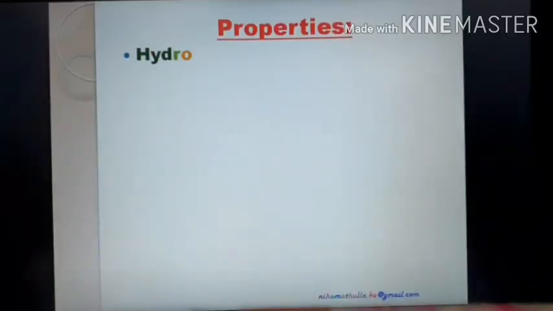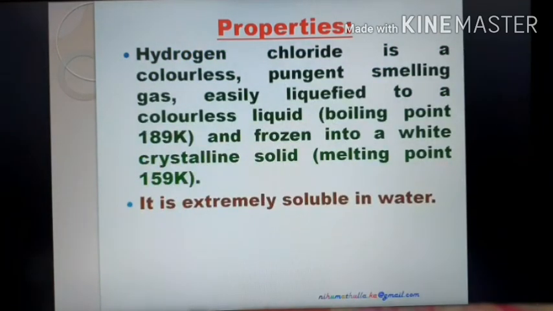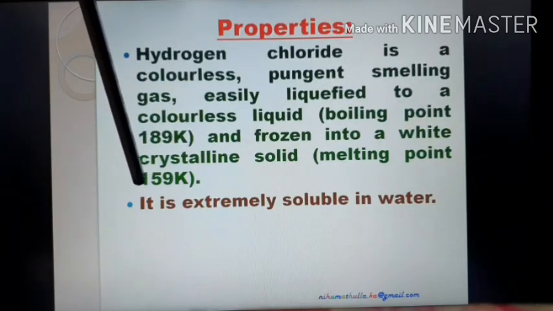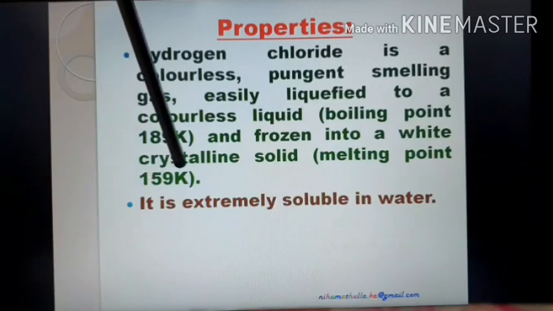Properties of hydrochloric acid. Hydrogen chloride is a colorless, pungent-smelling gas, easily liquefied to a colorless liquid. The boiling point of liquid hydrogen chloride is 189 Kelvin, and it freezes into a white crystalline solid. The melting point of solid hydrogen chloride is 159 Kelvin.